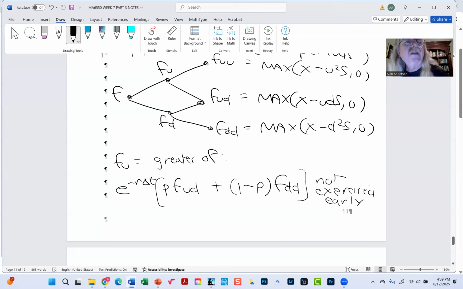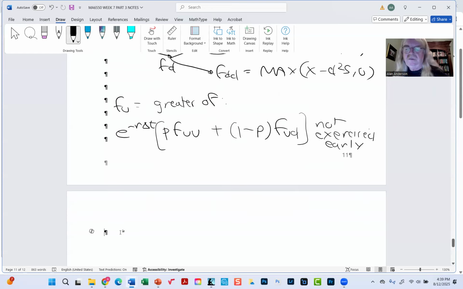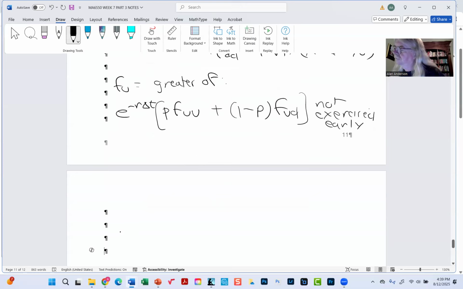My mistake. Or FUD. That's better. This is UD, because we can reach either one of these from FU. But if we do exercise early, remember at this node, the stock price is US.